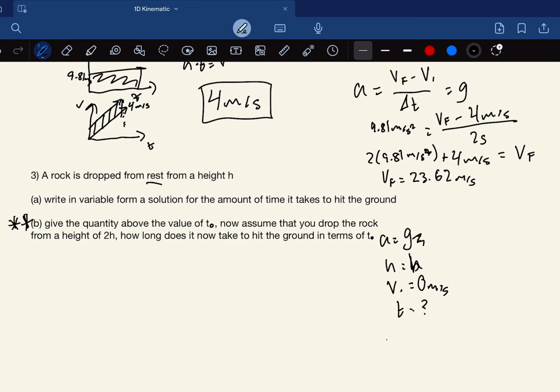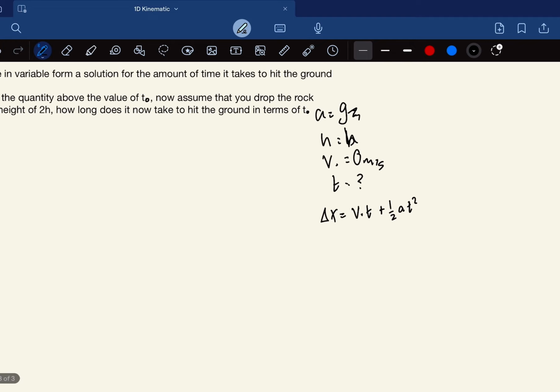So we are going to be using the equation delta x equals VIT plus 1/2 AT squared. So we get delta x is h equals VI, so 0 meters per second times the time, plus 1/2 times g times t squared. So let's just rewrite this. We have h equals g over 2 t squared.